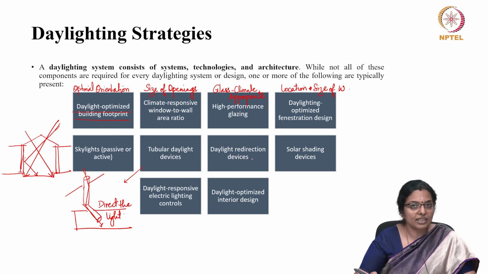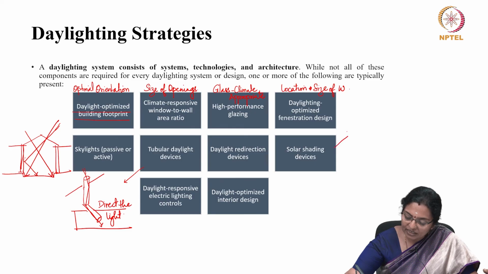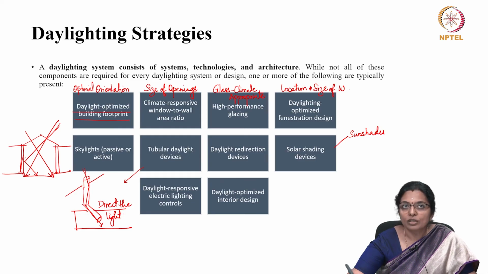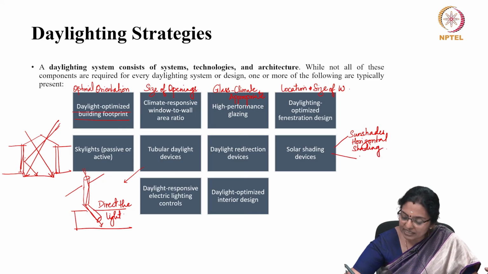Light redirection devices is also similar to tubular daylight devices. Solar shading devices include sunshades, which are horizontal shading devices. Then vertical shading devices are vertical fins.